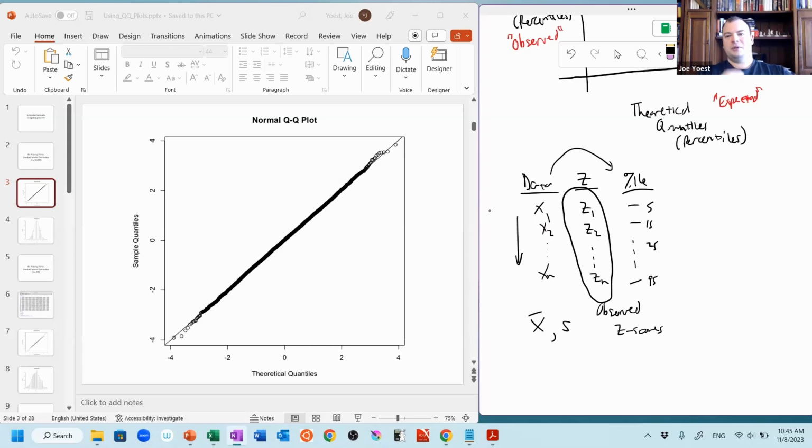And now I can ask the question. So this is all based off of my data, but now I can kind of shift my thinking and say, okay, well, I know how to compute percentiles of an actual normal distribution, of a standard normal.